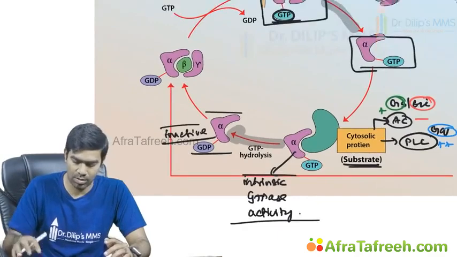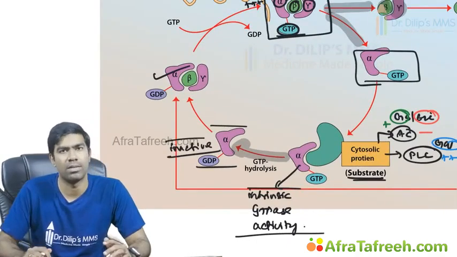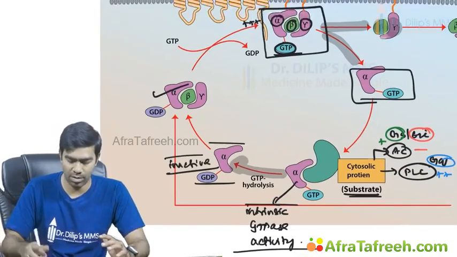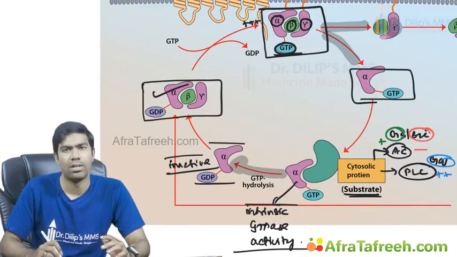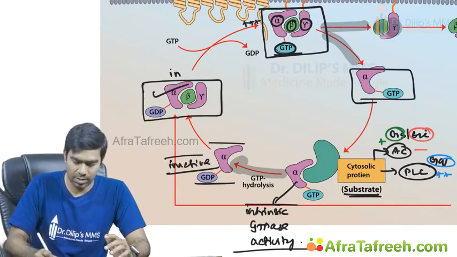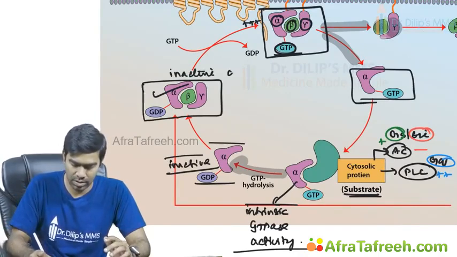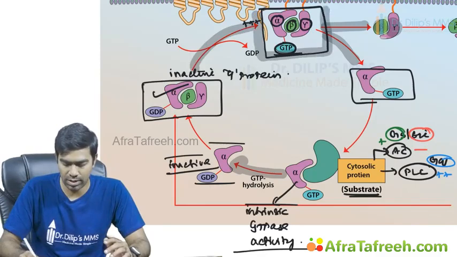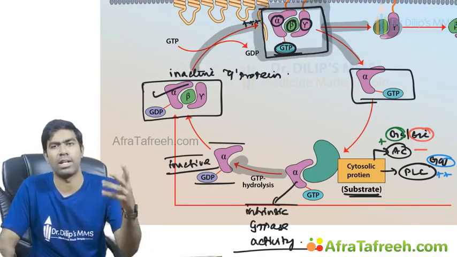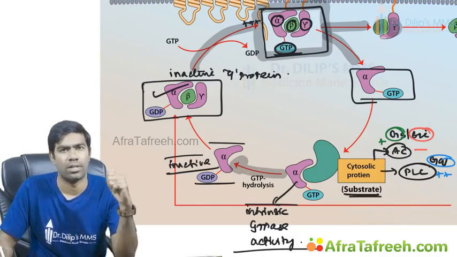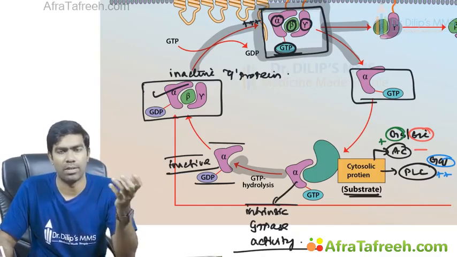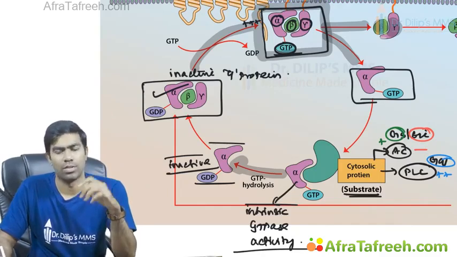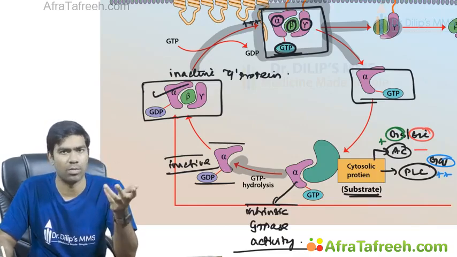Now they combine with the beta and gamma, which had already been separated, and they form a full alpha beta gamma GDP complex, which is a fully inactive G protein. Once again, it will be attached to the G protein coupled receptor. So this is how the cycle goes, and this is how the principle works.